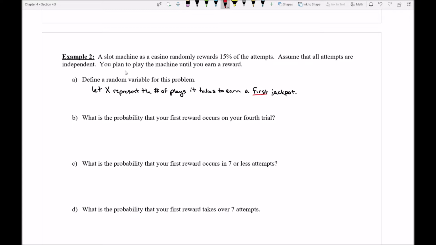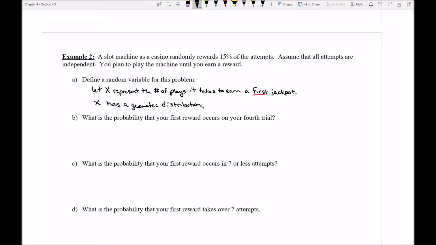That could be on the first try or maybe on the 10 millionth try. Who knows? So this doesn't meet the criteria to be a binomial distribution, but we can easily say here that X has a geometric distribution. It seems to fit all of the checks.